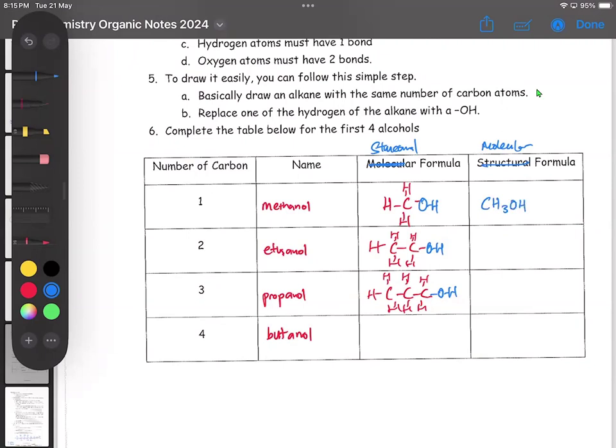You can draw it this way. What I'm going to show you next is another way to write the formula. For ethanol, I can write C2H5OH. I can also write CH3CH2OH. Same thing for propanol: C3H7OH or CH3CH2CH2OH.